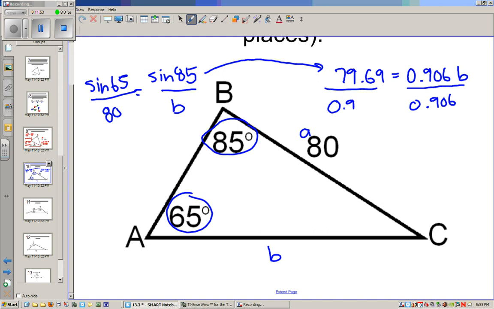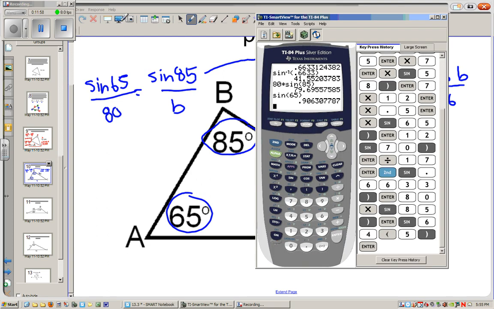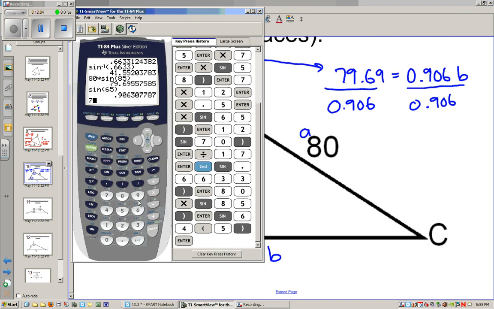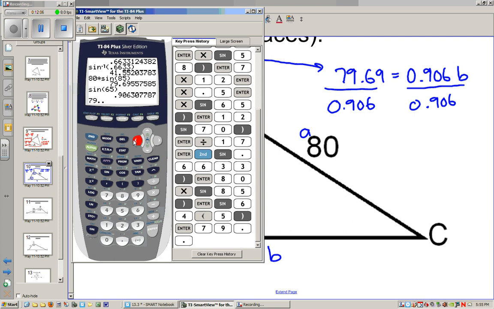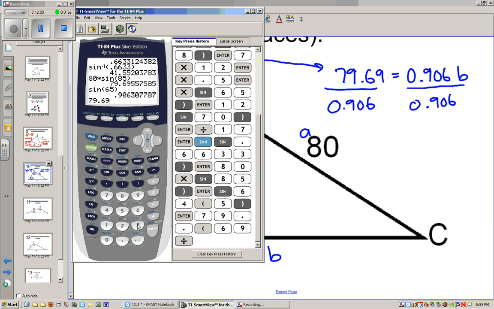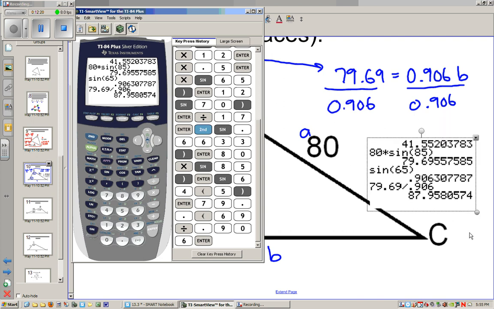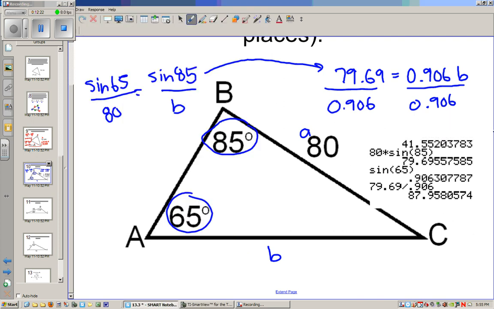So 79.69 divided by 0.906, and we get that side length B, or AC, excuse me, to be 87.96. Okay? Moving on to the next one.